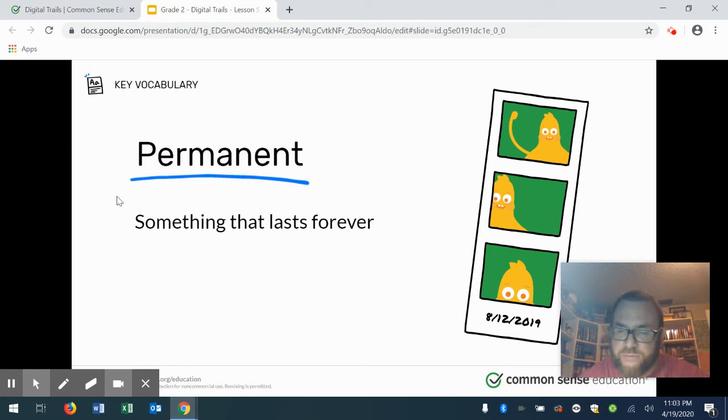It can last forever. So you don't want to put something on there that you're not proud of, something that doesn't represent who you are inside, that will last forever, right? Because things that we put out there, once it's out there, we don't have control of it, guys. We don't know who will see it, who will share it, who will save it. It can become permanent, and we don't want that.